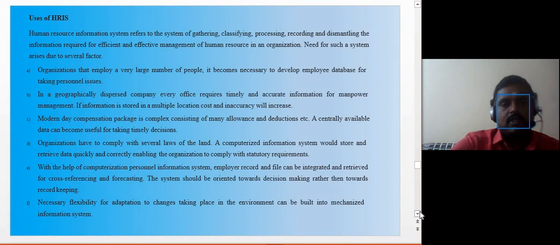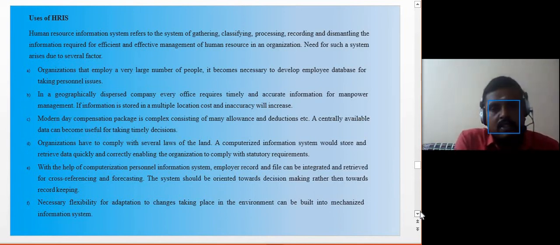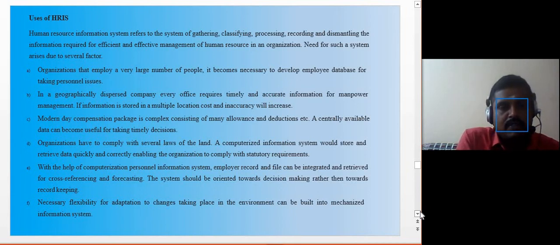The uses of HRIS. The human resource information system refers to the system of gathering, classifying, processing, recording, and disseminating the information required for efficient and effective management of human resources in an organization. In organizations that employ a very large number of people, it becomes necessary to develop an employee database for taking personnel decisions.